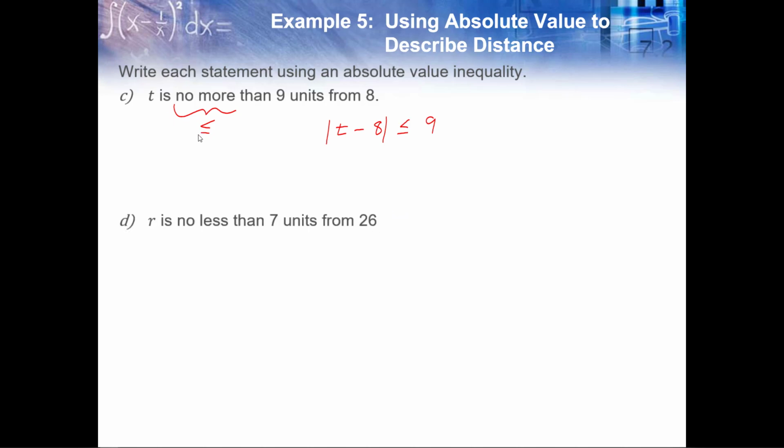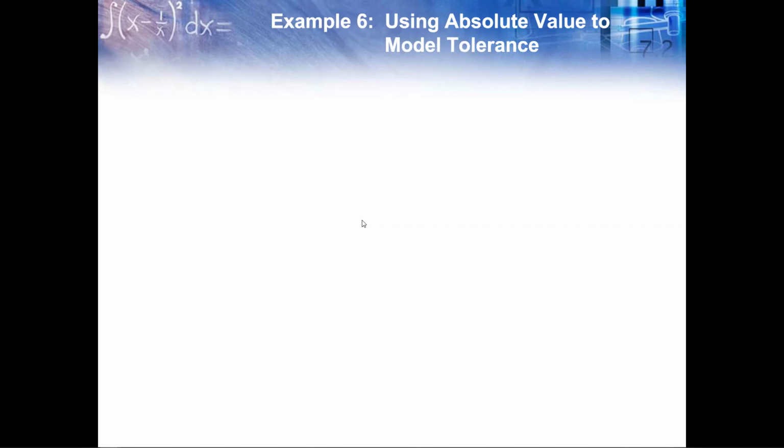If no more than is a non-strict less than, then no less than is a non-strict greater than. Here you have the distance between R and 26. It's the absolute value of R minus 26, and we want that to be greater than or equal to 7. So that's how we write that, and that's how we interpret these particular words, which will come in handy when you do your homework for this section.